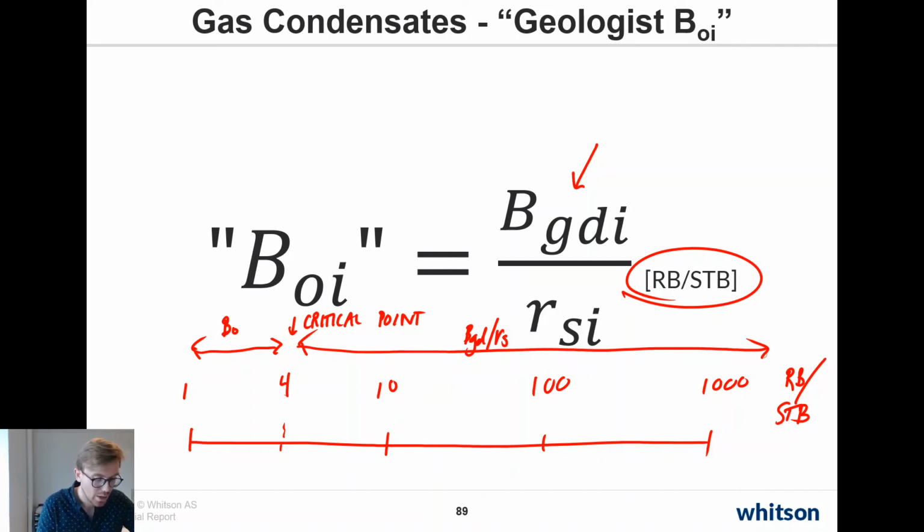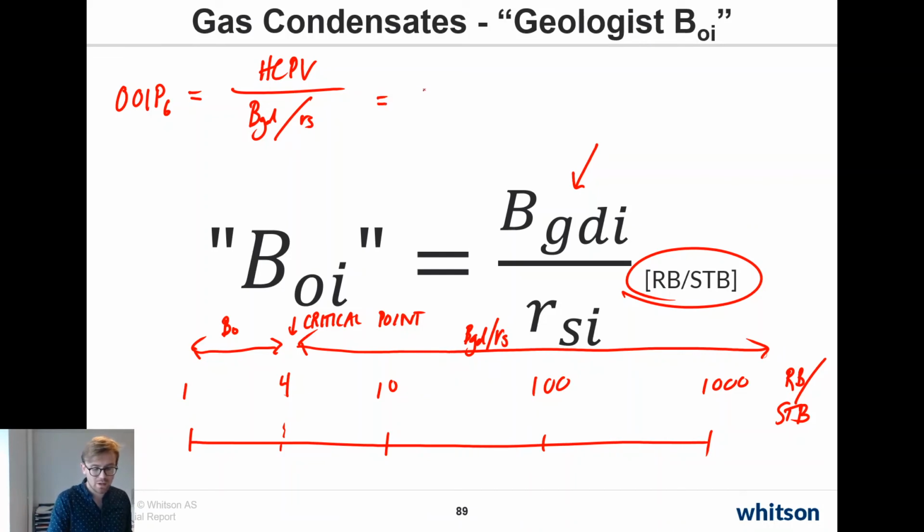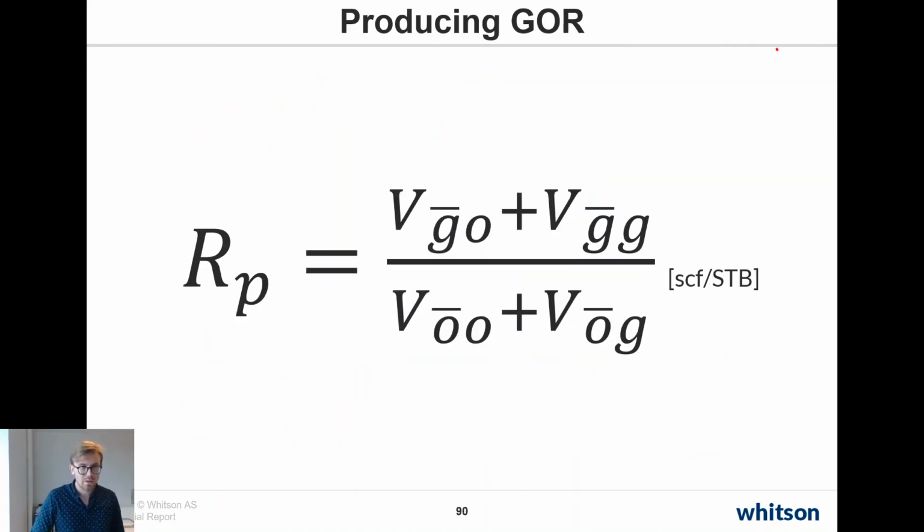So let's say you would like to calculate original oil in place for a gas condensate reservoir, you could just take hydrocarbon pore volume, and simply divide by the BGD over little rs term, and you would get this volume in units of stock tank barrels. Good. So that's a little secret.